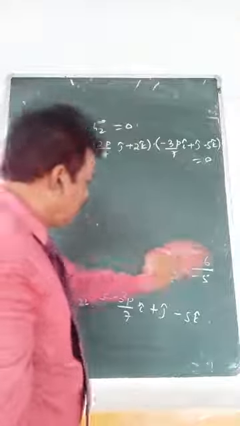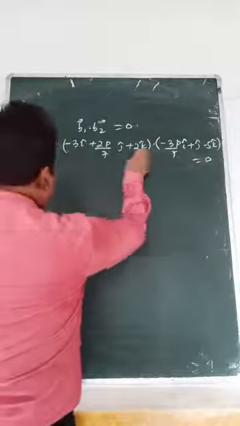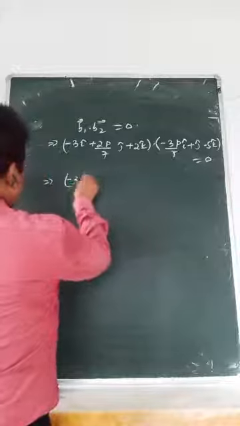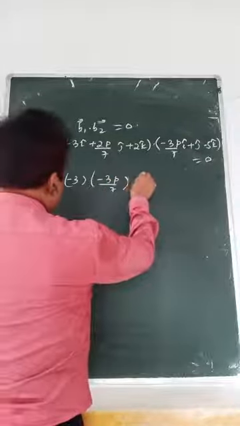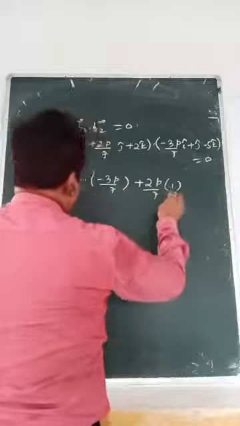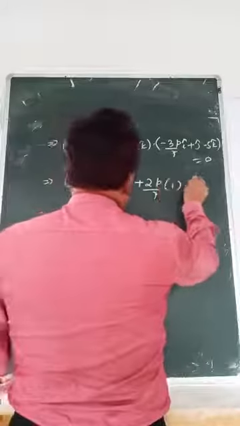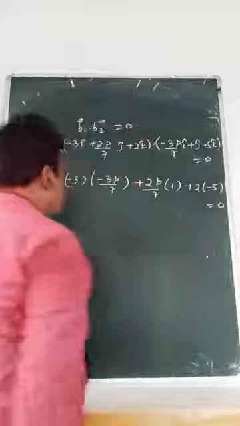Okay, then −3 into −3p/7, plus 2p/7 into 1, plus 2 into −5 equals 0.